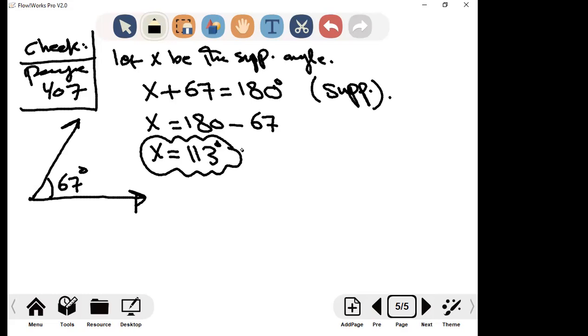Yes, Omar. Complementary and they are equal. How much will each one be? 90, Mr.? So each one of them 90. If you add them, also 90, right? How come?